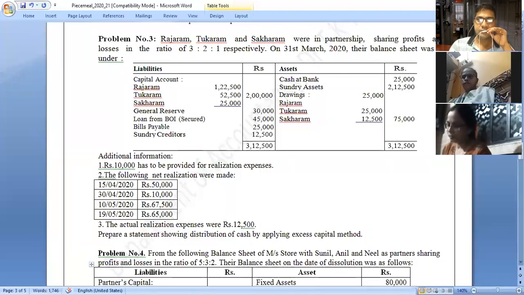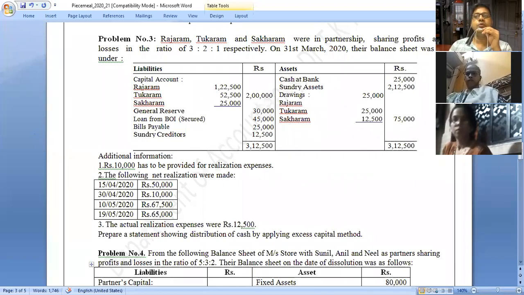Just take this down, you can take the screenshot, and after that you have to write. We have very few lectures in a week and we have to solve the theoretical part and the objective part also, and maximum problems.